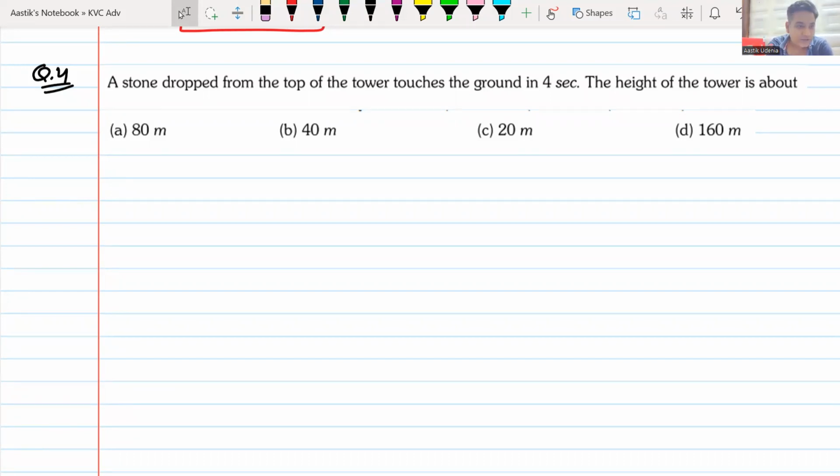There is no option 4 meters, Chandrika. 80 meters Kaushik has got. Time is given. Drop from the top of a tower is given. Yes, Chandrika, can you now tell me the answer? Hints are given. Stone is dropped from the top of a tower. Time is 4 seconds.